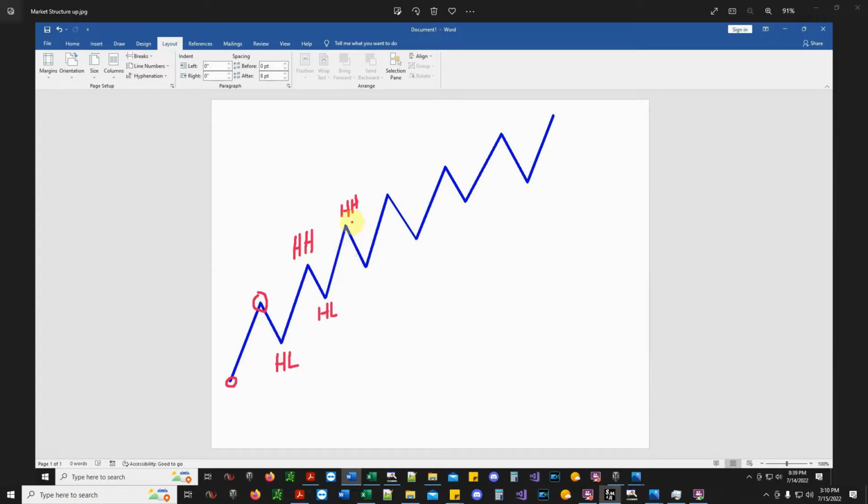The high is always going to be higher than the previous high. So it's like going up a set of steps. Higher low, higher high. This is market structure. Higher low, higher high, and so on.